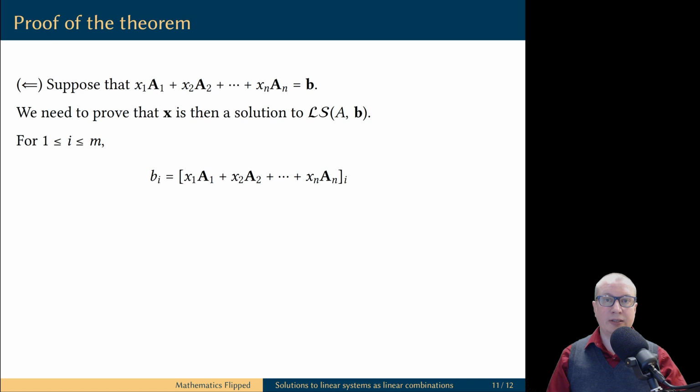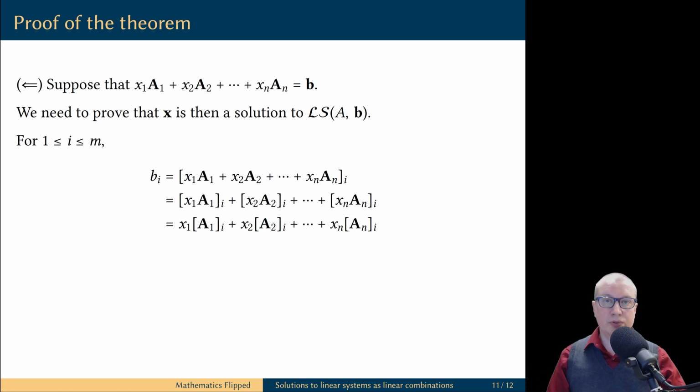So let's look at generic component number i of the 2 vectors. Our assumption is that they are equal to each other, and this is what this equality says. Now, let's translate what is the ith component of the right-hand side of this equality. Using the definition of the operation of vector addition, we see that it splits into the addition of ith components of these individual vectors.